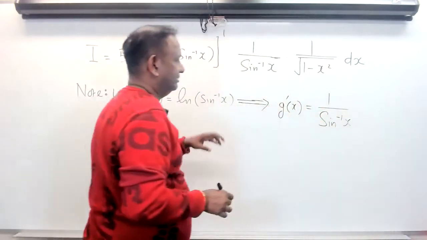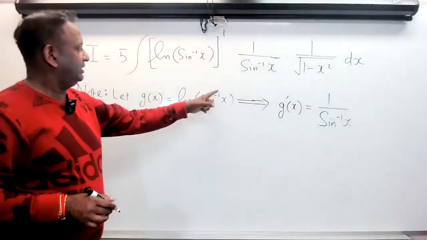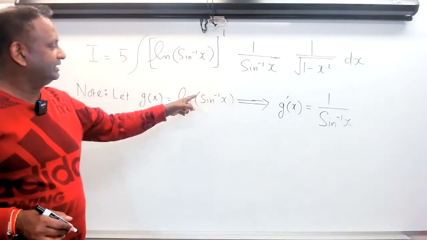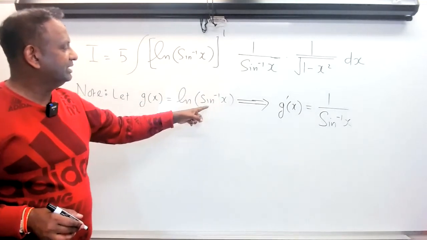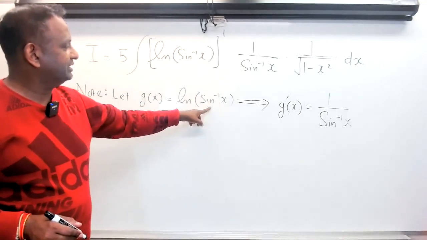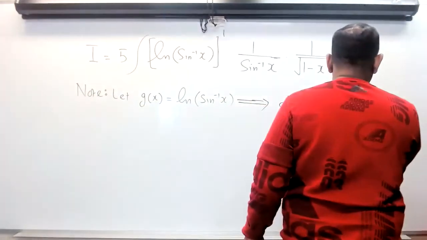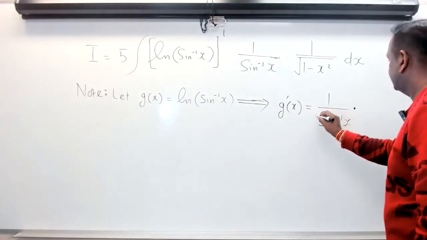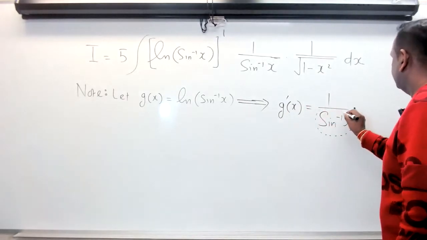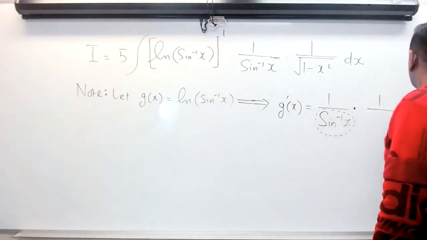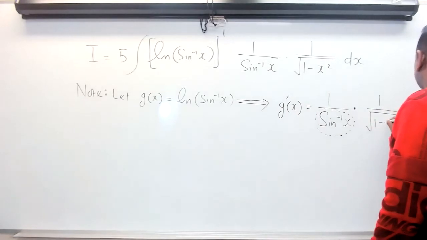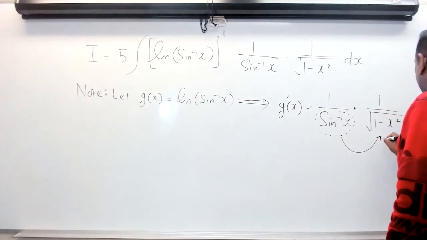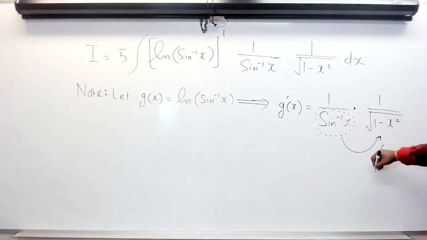We're not done yet, because that was done with respect to the whole thing, so it should be differentiated with respect to x by the chain rule. The derivative of sine inverse x is 1 over square root of 1 minus x squared. I'm going to indicate the derivative by prime.